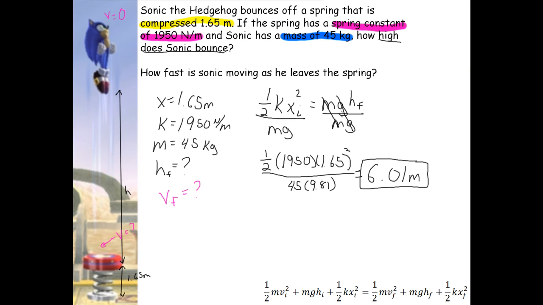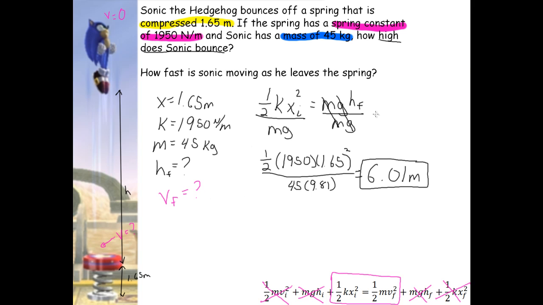Once again, he doesn't have any initial velocity when the spring is compressed, and he has no height, so this side stays the same. On this side, he actually has a final velocity, but the spring isn't compressed, and he has zero height. So my resulting equation is going to be these two terms right here, and now it's just a matter of solving for my final velocity.